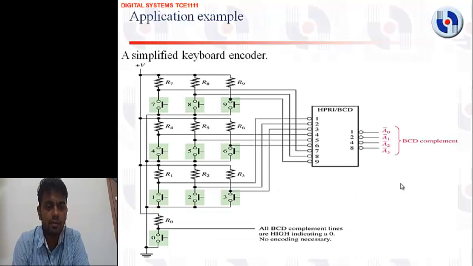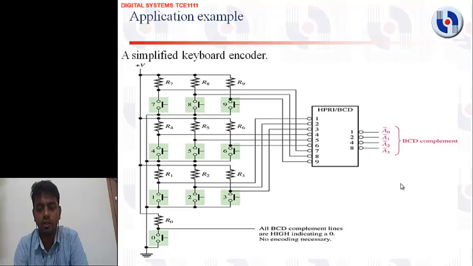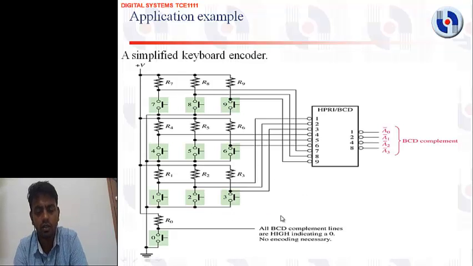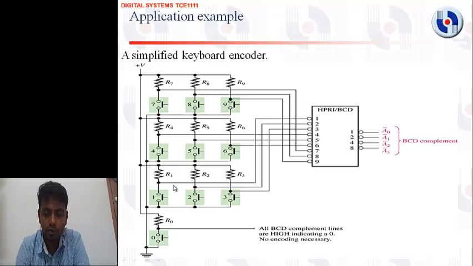We can see one application like a simple numpad, a keyboard on the computer. We know that our keyboard is a matrix of switches. If you press 1, we are activating a particular switch, and that switch gives a signal to that particular input, and that input encodes the data and we can see on the display that 1 is printed.